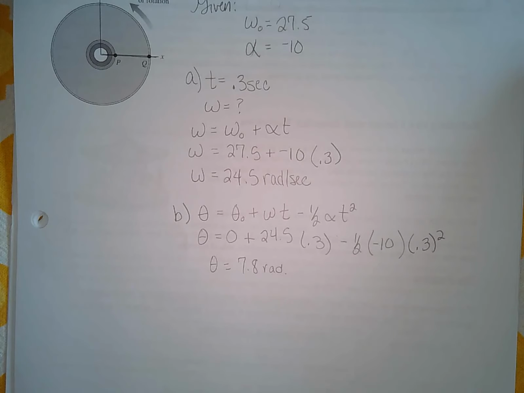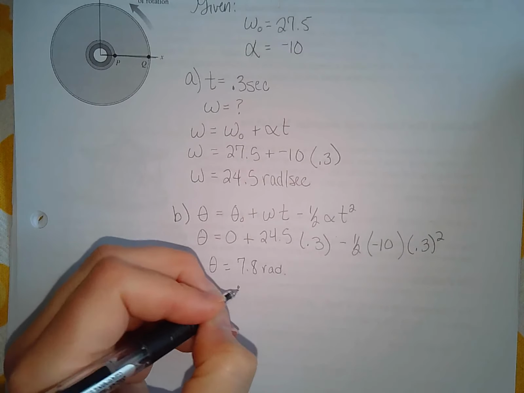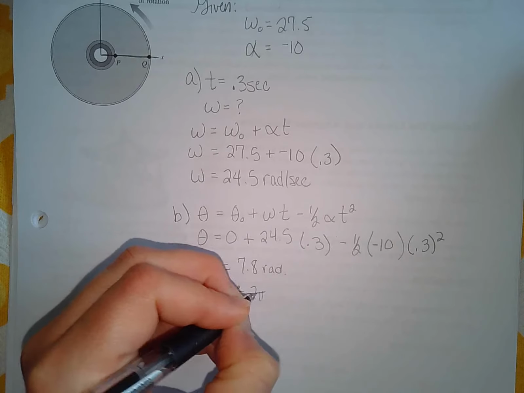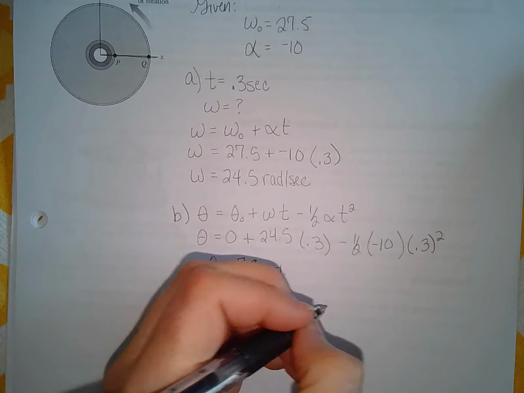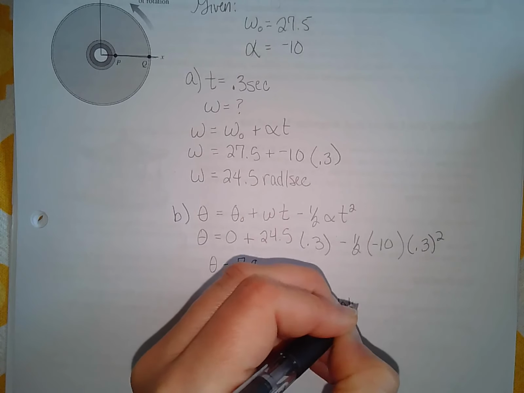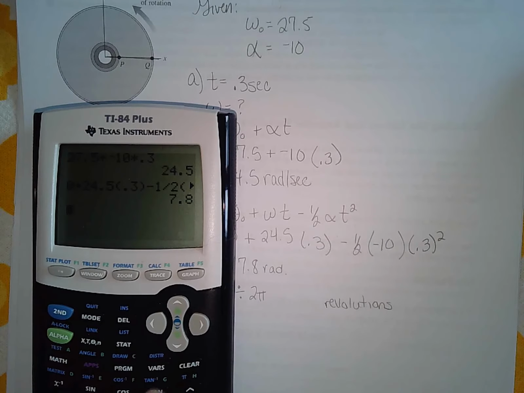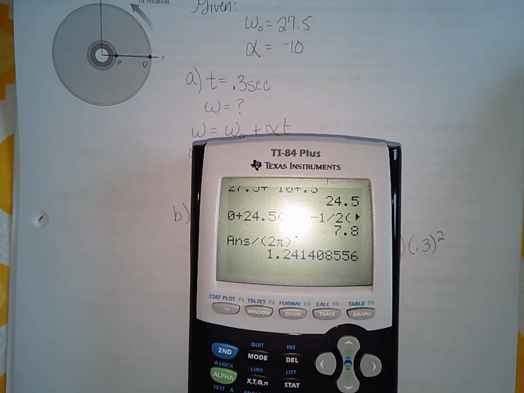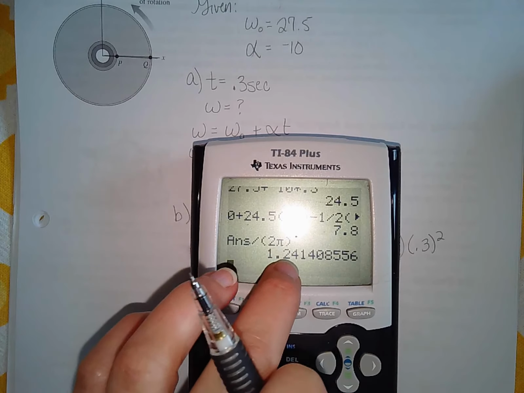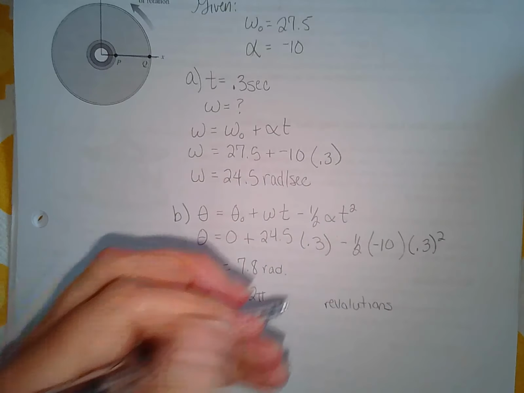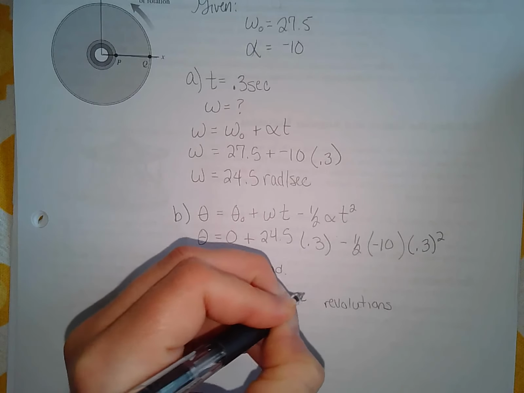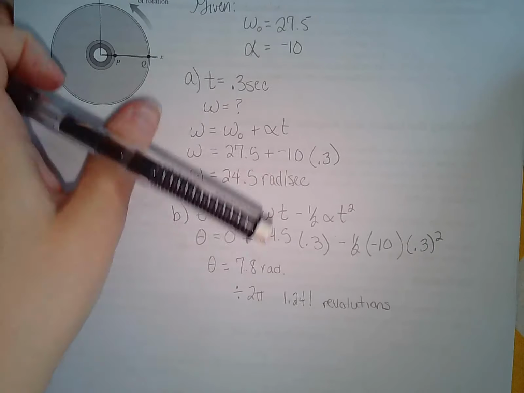You can do this however you want to, but here's what I want you to understand. I like to divide this by 2 pi, because if I divide it by 2 pi, that tells me how many revolutions it makes. This is just how my mind goes about it. So if I divide by 2 pi, I end up with 1.241 revolutions.